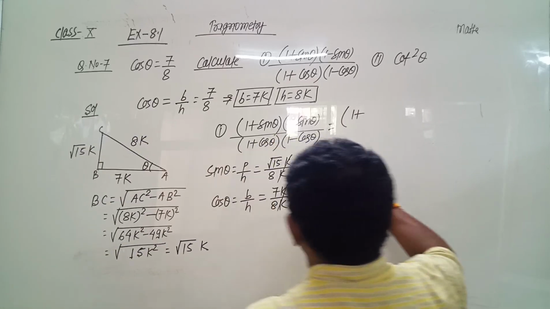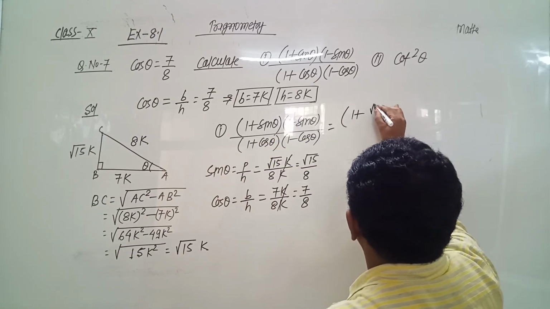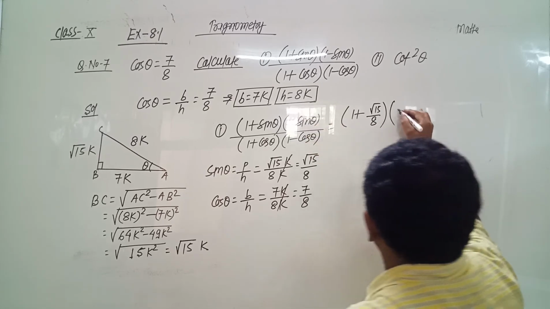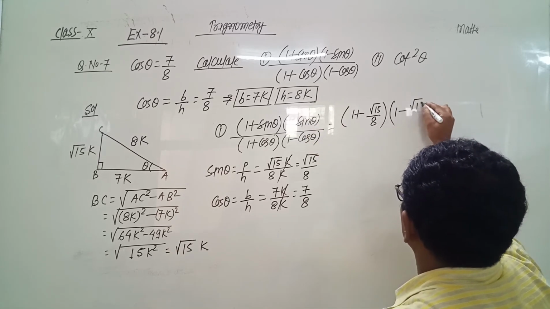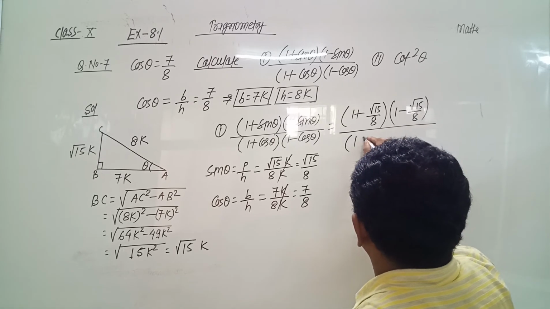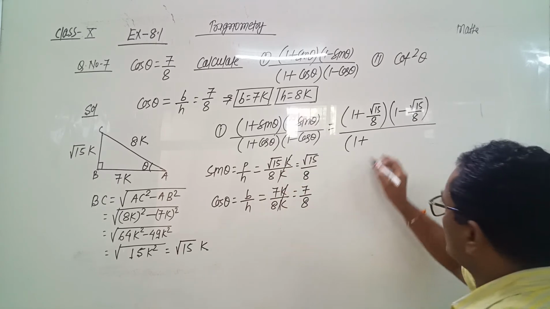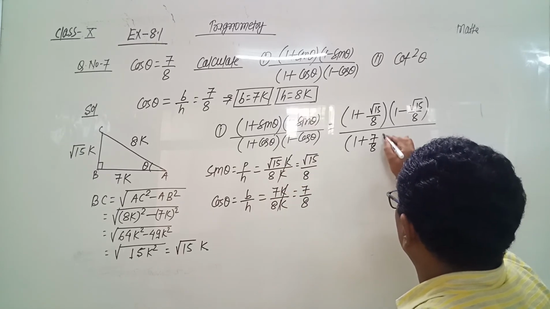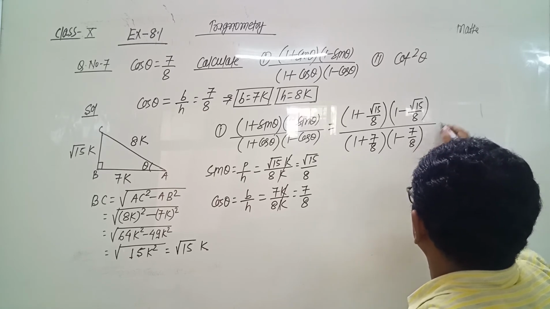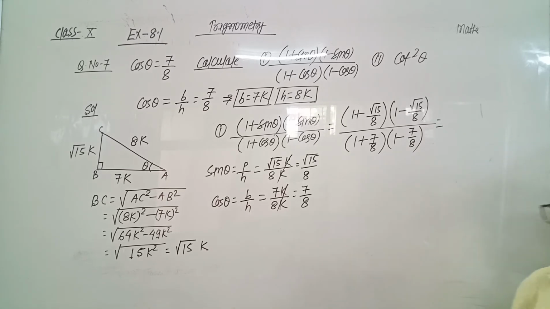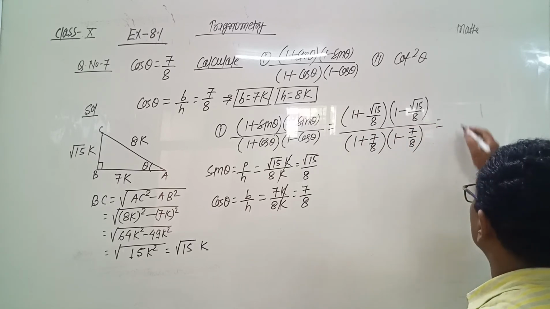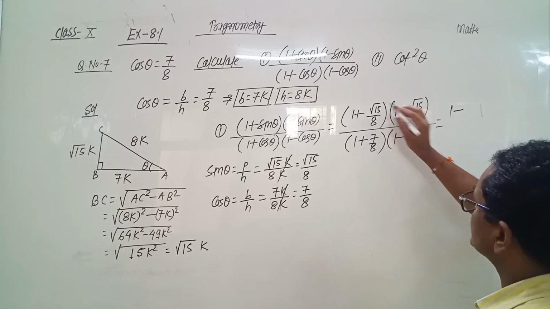So put the value of sin theta. So (1 plus root 15 by 8)(1 minus root 15 by 8) upon (1 plus cos theta)(1 minus cos theta), where the value of cos theta is 7 by 8, so 1 minus 7 by 8. We use the identity (a plus b)(a minus b) equals a square minus b square.